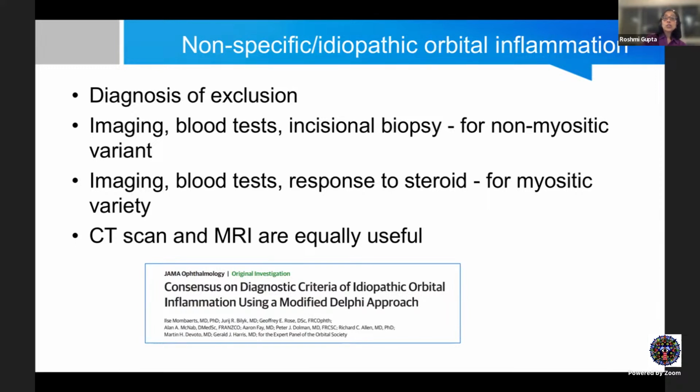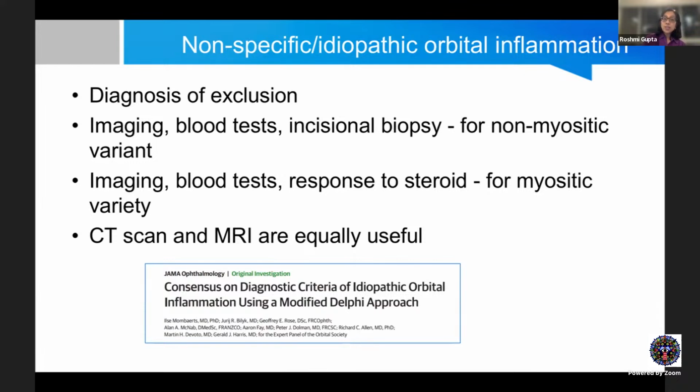For non-myocytic disease, we are talking about imaging, blood tests, and incisional biopsy. And for myocytic disease, it's not very feasible to go around biopsying the recti. So the criteria include imaging, blood tests, and response to steroids.